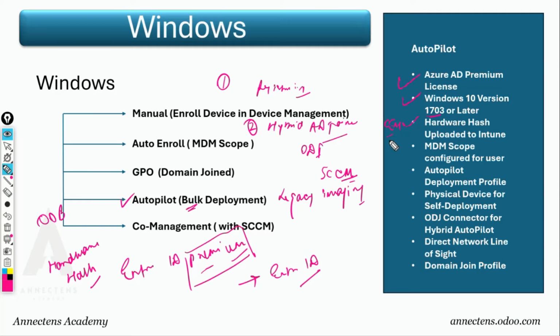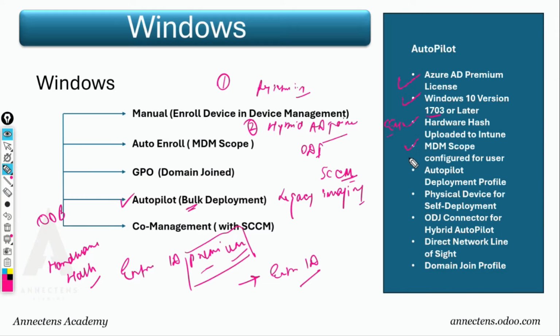They also get a portal through which they can upload the hardware hash of the device, and then they will confirm that yes, the hardware hash has been successfully uploaded, and we are required to target the right Autopilot deployment profile. So here the OEM will upload, or you can also upload the hardware hashes in bulk through a script, or if you're doing it manually, you can also do that.